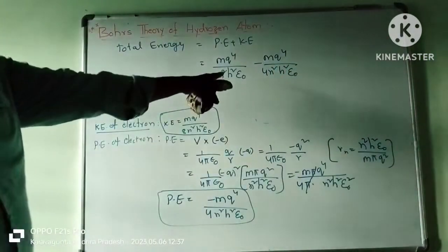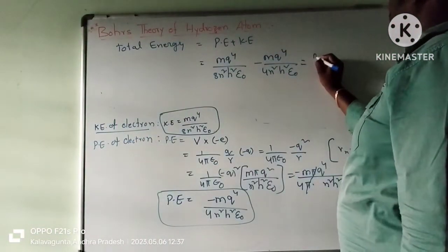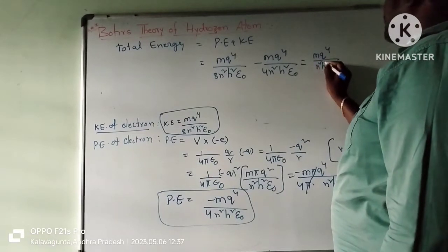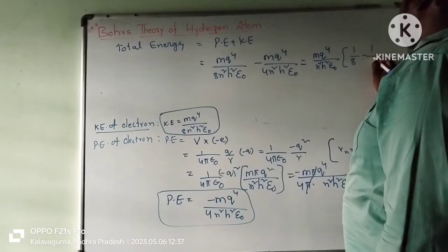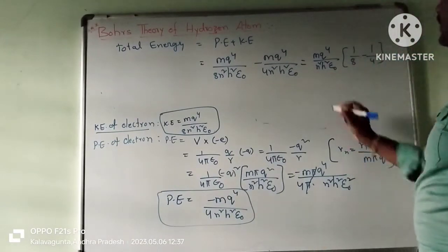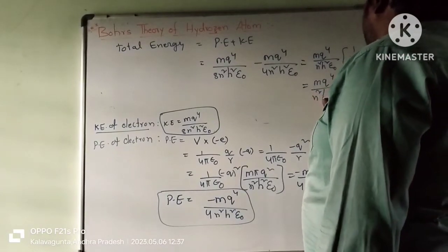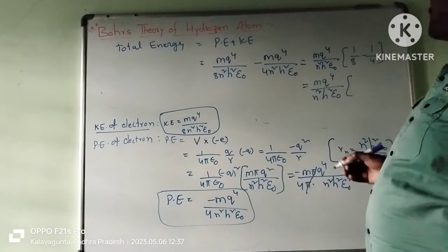So here the common terms are the same, so I am taking common m q power 4 by n square h square epsilon naught, and here it is 1 by 8 minus 1 by 4. Now it becomes m q power 4 by n square h square epsilon naught, times 4 minus 8 over 32.